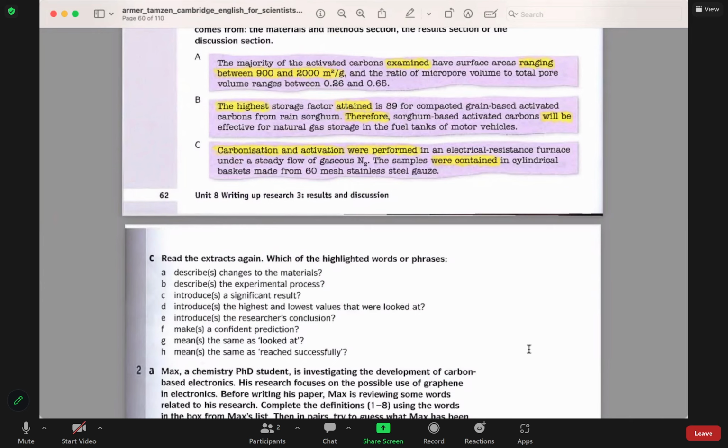Describe changes. Changes. Okay. Describing an experimental process. The process. Also performed, the verb performed. Yeah.